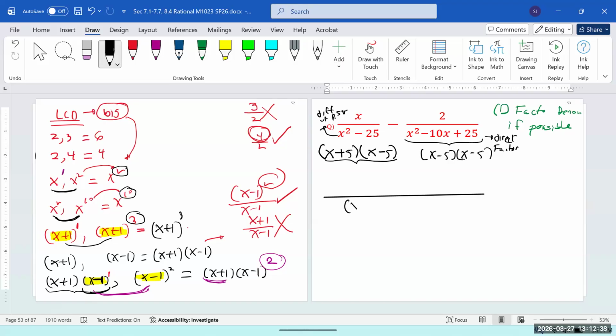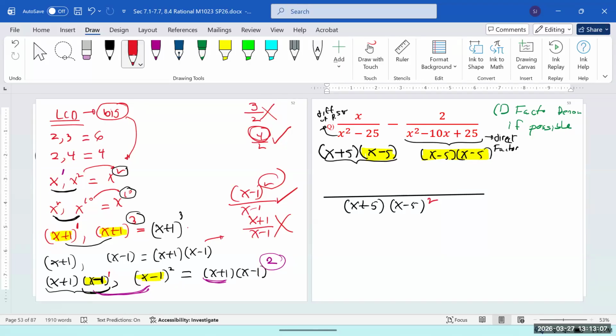So you have to take both of them. And now if you compare this x minus 5 with this x minus 5, we have 2 of them in the second one and 1 of them in the first one. So how many are you supposed to take? 2, the bigger one. This is the same as this example.